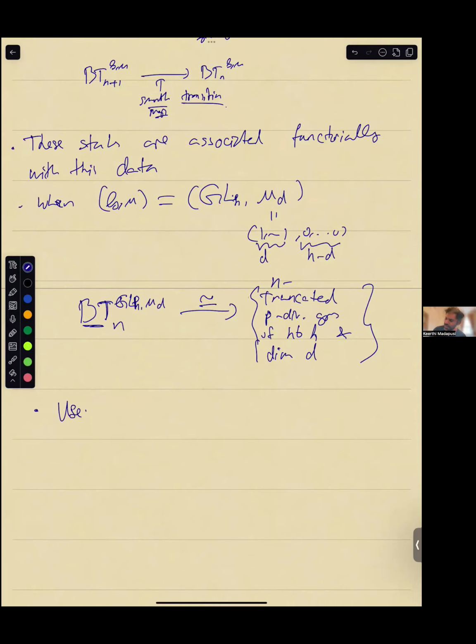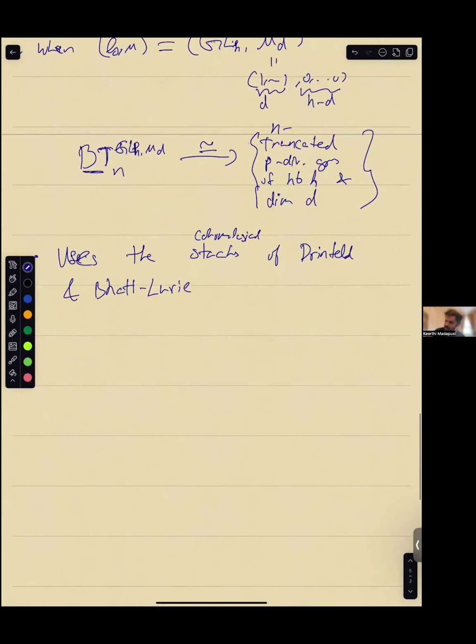So the construction uses the cohomological stacks of Drinfeld and Bhatt-Lurie. I'm not going to say anything about these stacks, really, to be honest.